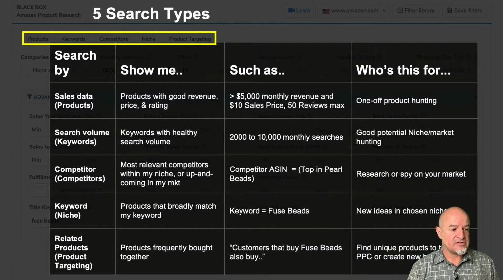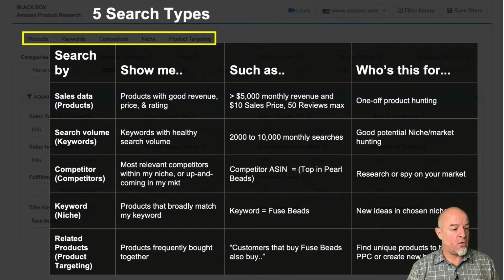This is where you could look for a competitor's ASIN or your own ASIN, and you could research or spy on your own market and see all the other competitors that are meeting similar criteria to the ASIN you put in there. Okay, more on that in a minute.